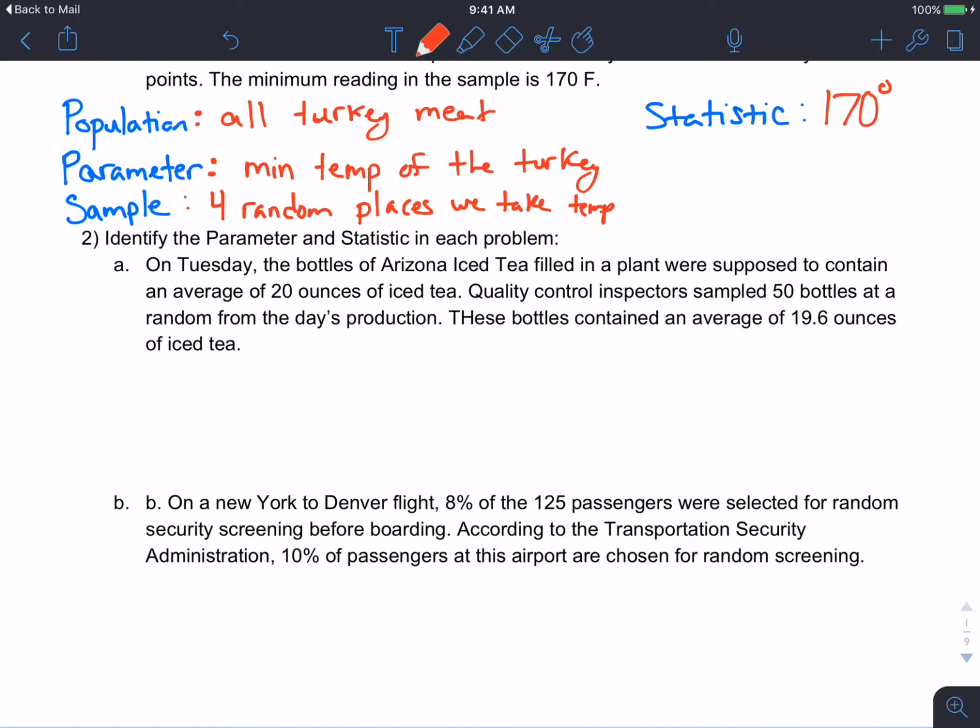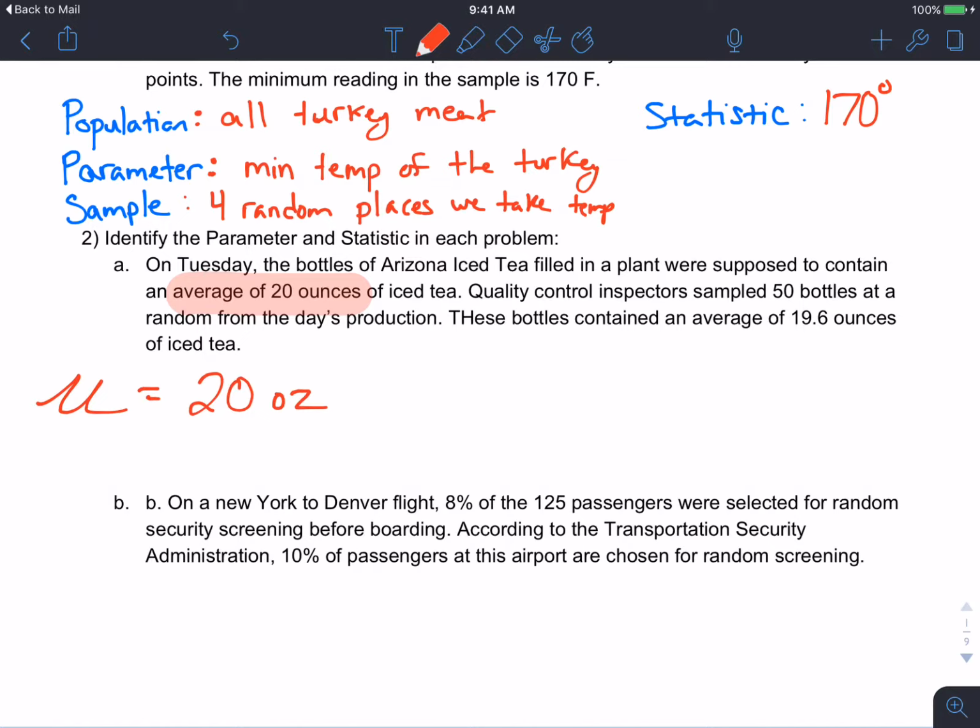On Tuesday, the bottles of Arizona iced tea at the plant were supposed to contain on average 20 ounces. That tells us right there that that is our parameter. Quality control inspectors sampled 50 bottles at random of the day's production.